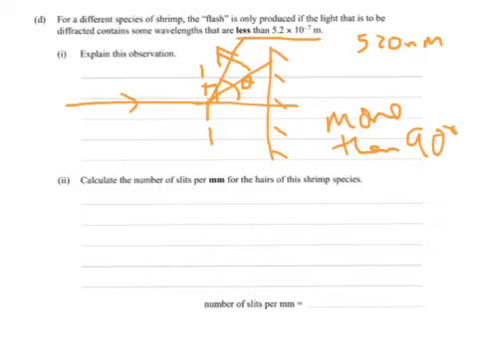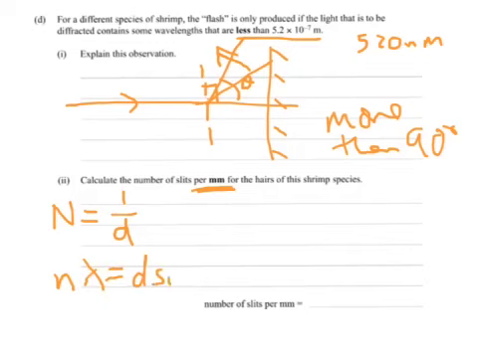Part 2, calculate the number of slits per millimeter for the hairs of this shrimp species. Now I'm going to have to go back to the previous video to draw the information out, but you're after N, which is the number of slits per millimeter, which is 1 over d, and d I'm not sure if we were given, but you can calculate d from n lambda equals d sine theta.